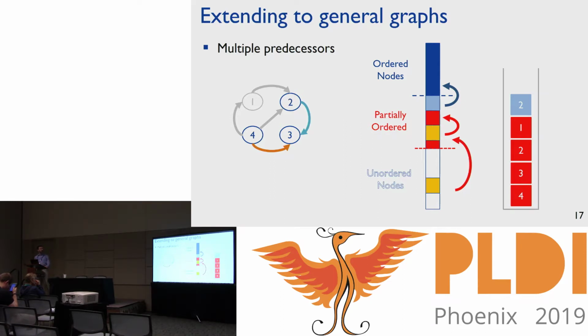Node 2 was already encountered, and node 2 is connected to node 3, which also was already encountered as a neighbor of node 4. So the moment we include node 3 on the stack, and then we realize that node 3 has no outgoing edges, we can consider 3 as part of the ordered set.